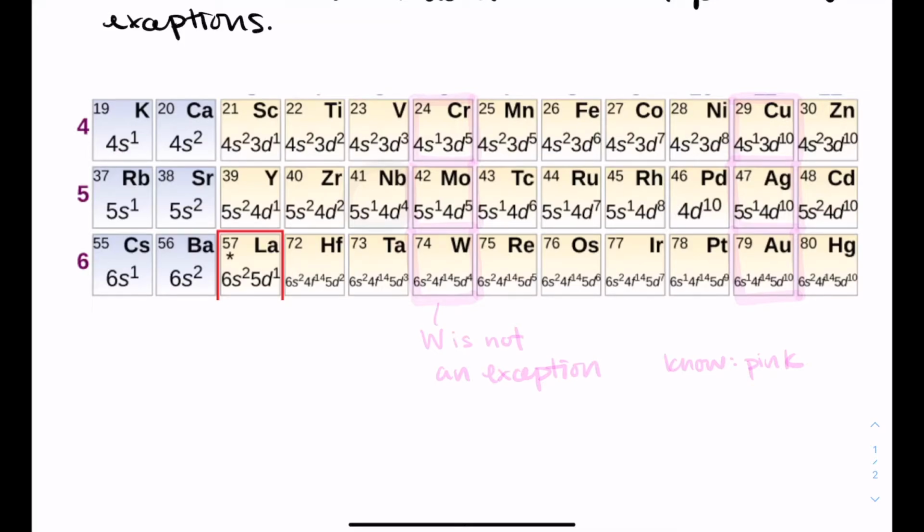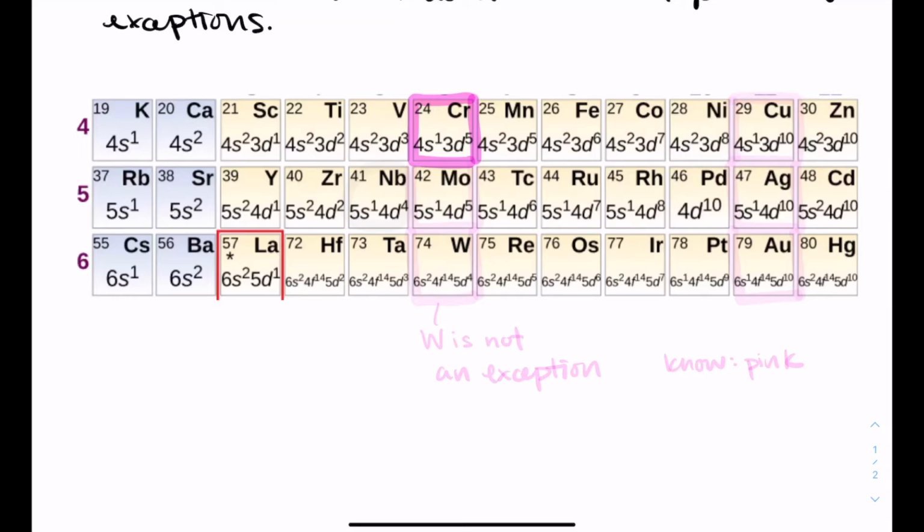Chromium is 4s1, 3d5. So instead of being 4s2, 3d4, one of the electrons that should go in S went into D. So now my D subshell is half filled, and I can take advantage of that unique stability.